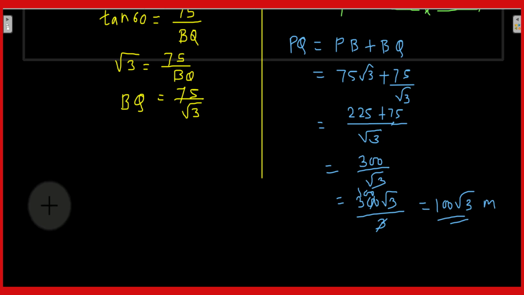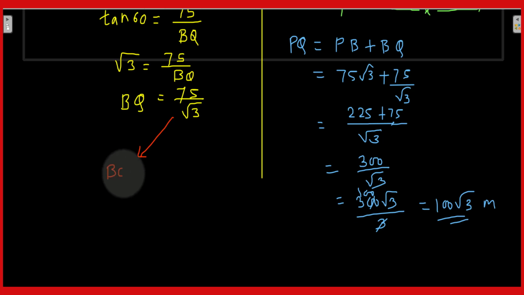But here you can solve it in a different way also. Instead of doing it this way, you can rationalize here only, and you will get BQ equal to 75 root 3 upon 3, and 3 twenty-fives are 75, so that will be 25 root 3.